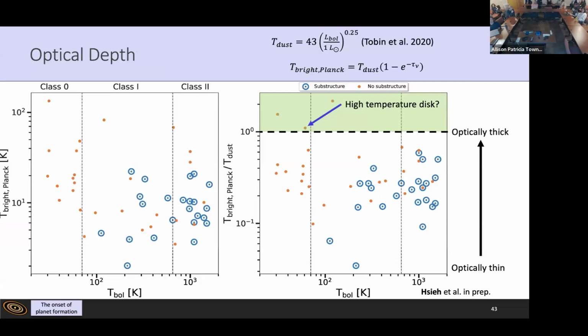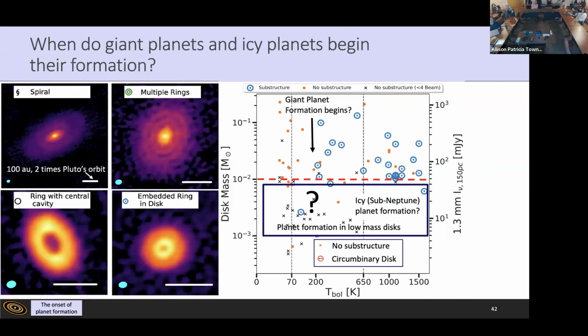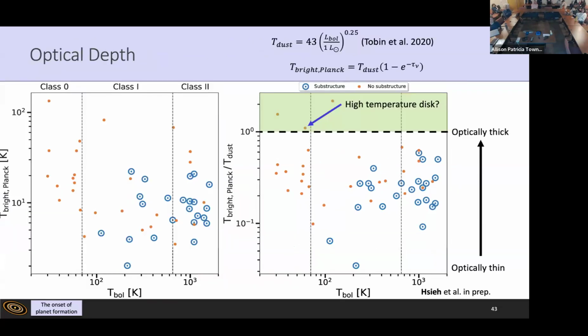And another important thing to consider is that the transition of these substructures at early class 1 could be an upper limit. It could be that early on, the disk is optically thick, and this hides the substructures. In order to test this, we compute the brightness temperature using the full Planck equation.